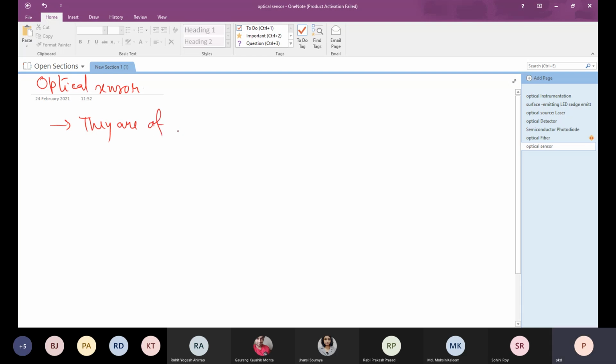Not two types. There can be various types, but often they are made as intrinsic and extrinsic.